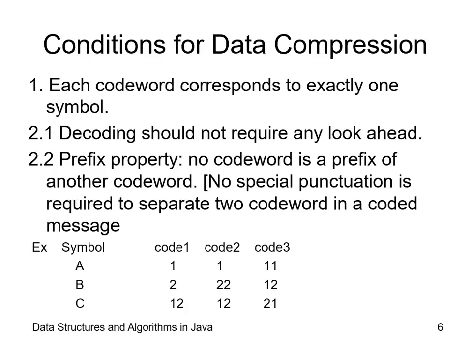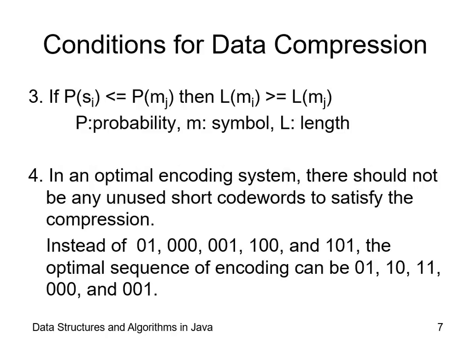A occurs a lot. So in other words, which encoding we're going to use depends on the probability of occurrence of that character.